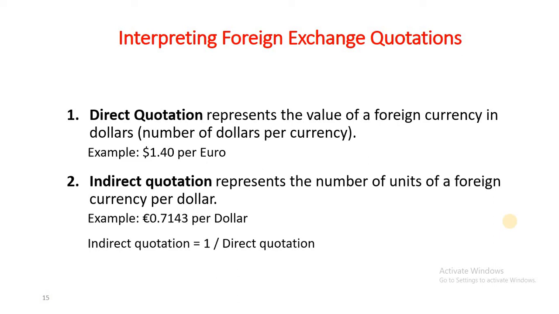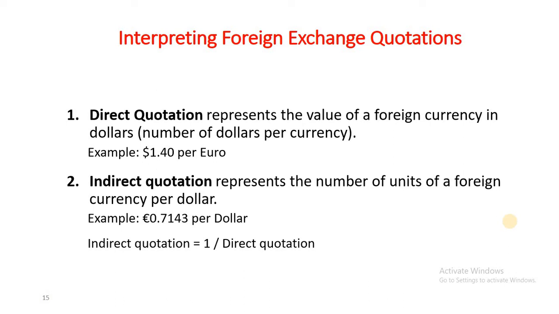Over here it shows that $1 is equal to 0.7143 euro. So over here it is showing the value of foreign currency against 1 unit of home currency. Here we are considering home currency as dollar, and the foreign currency is the euro.